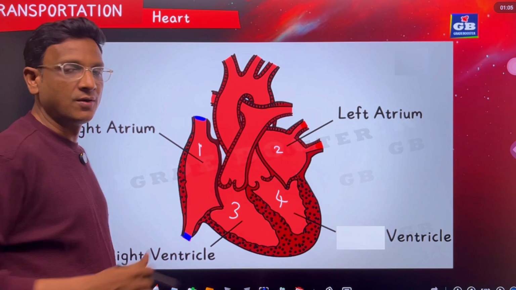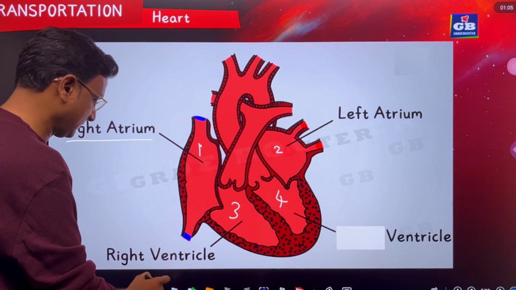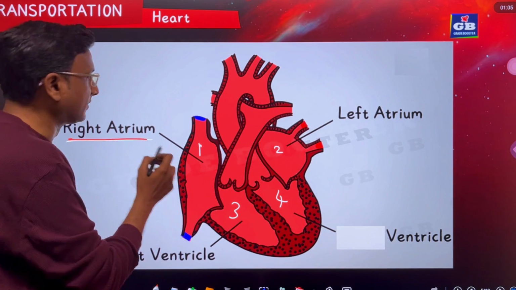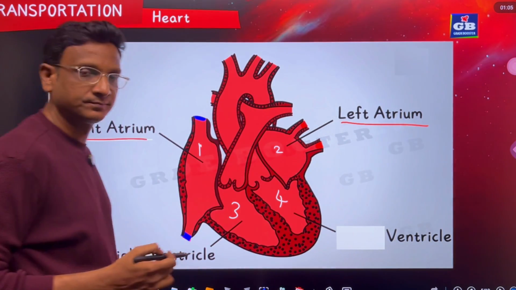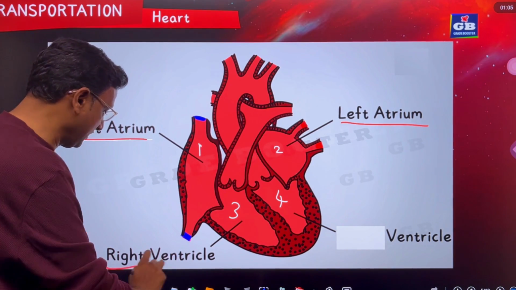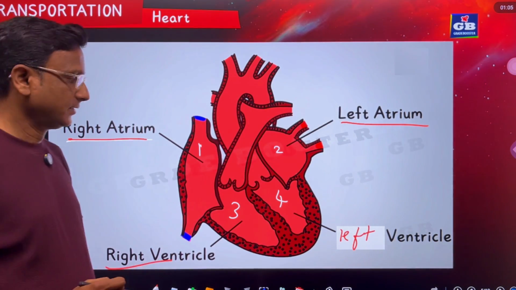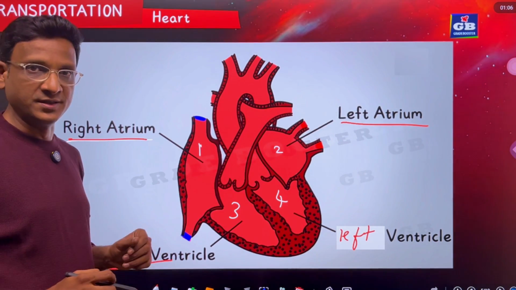The upper chambers are called atria: right atrium and left atrium. And the bottom chambers are ventricles: right ventricle and left ventricle.